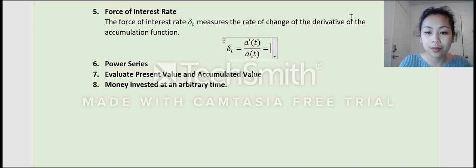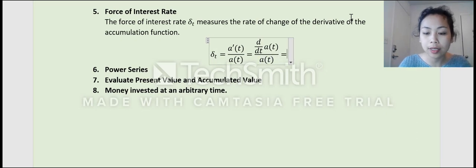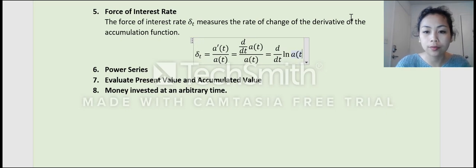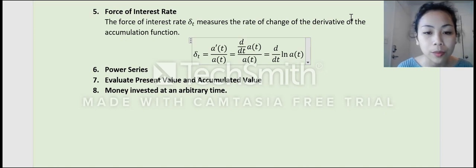Or by differentiate notation, that becomes d over dt of a of t over a of t. And this is basically, by chain rule, d over dt of natural log of a of t. So this is how the force of interest rate is computed.